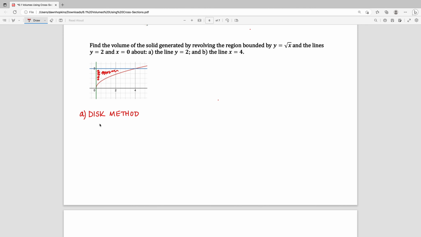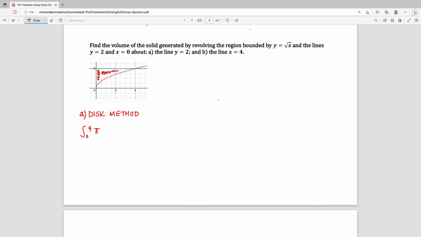So what we're going to do here is look at the interval. We're integrating with respect to x, again, because we are revolving it about a horizontal axis. So it's going to go from 0 to 4. And it's pi times the radius squared.